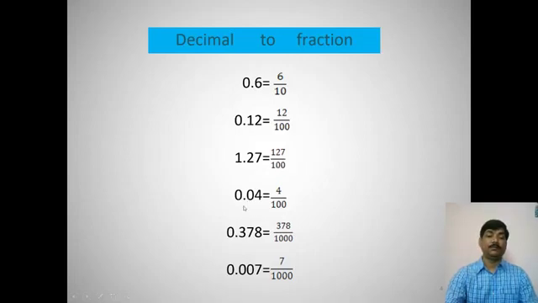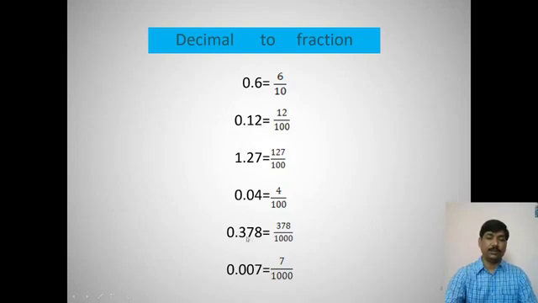In this form, we remove the point, and the whole number becomes 4, upon 1 and the zeros. How many zeros? The number equal to the number of digits; there are 2 digits, so we write 2 zeros. In this case, first we remove the point, and the whole number will be 378 upon 1 and the zeros.